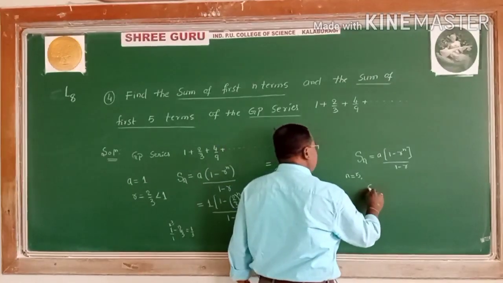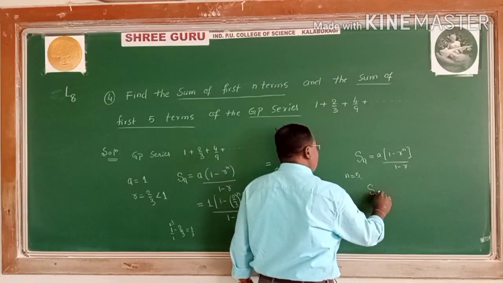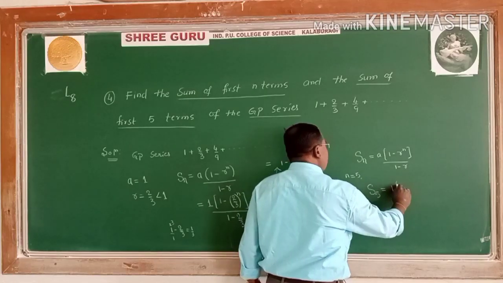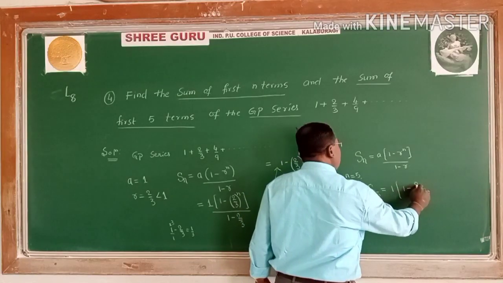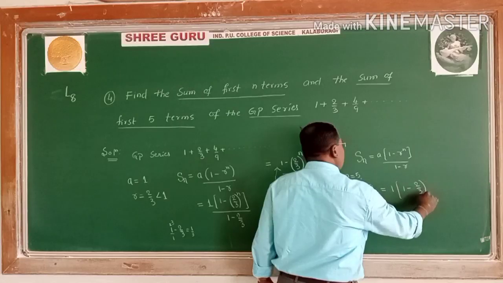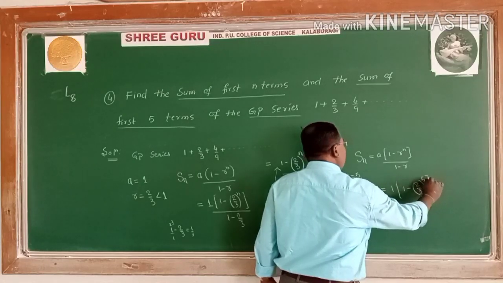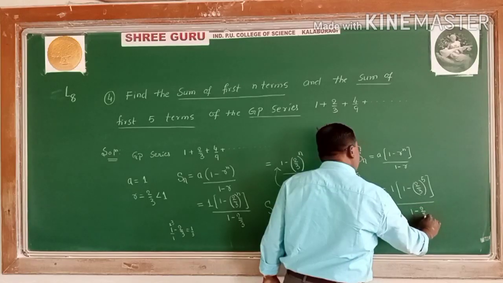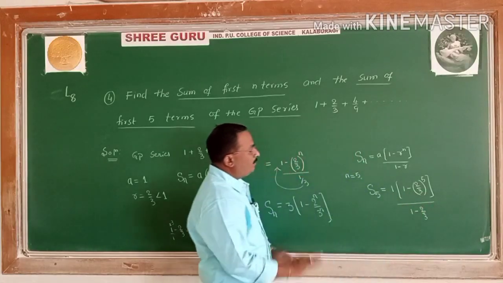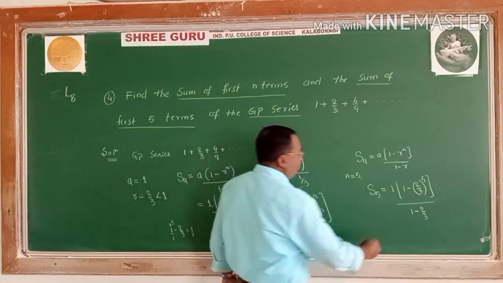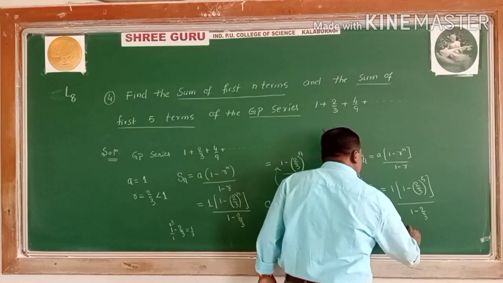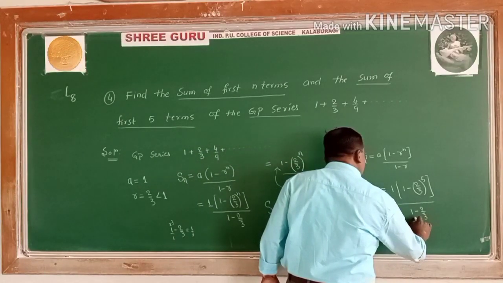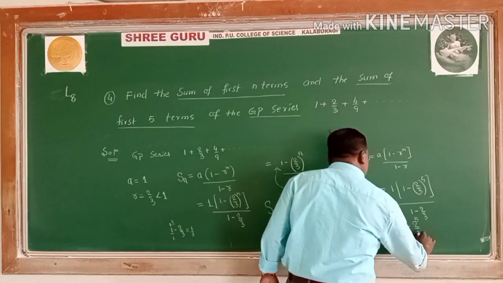S5 is A, already given as 1, times 1 minus 2 by 3 power 5 divided by 1 minus 2 by 3. 1 minus 2 by 3 is 1 by 3, so it is 3 times 1 minus 2 power 5 divided by 3 power 5.